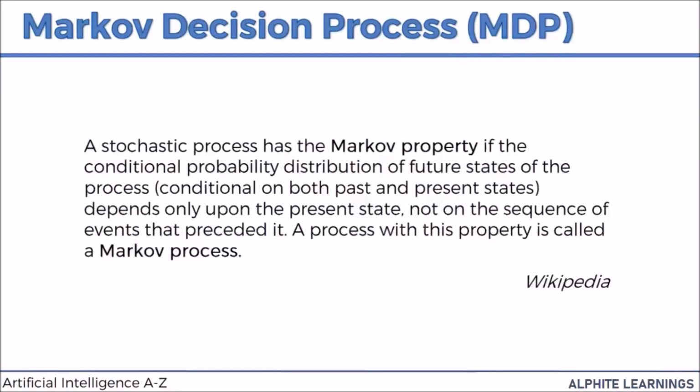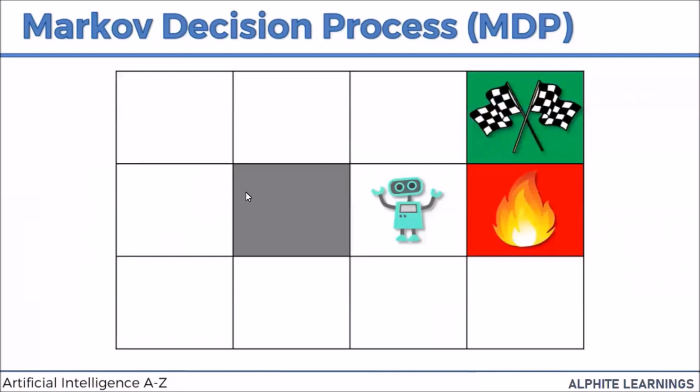So as we see here, the stochastic process has the Markov property if the conditional probability distribution of future states of the process... Okay, if the agent is here, we don't want to see how the agent has reached here, whether it came from here to here, or here to here. It is none of our business.